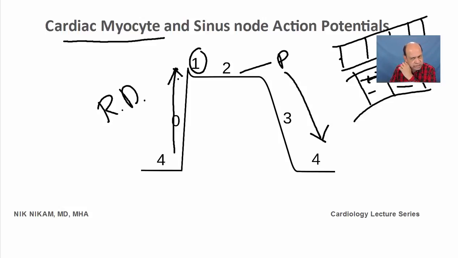So this action potential returns to phase 4, which is the baseline. This represents the depolarization of the heart muscle cell, and this is the plateau followed by repolarization, and then we have the equilibrium phase. So the next phase again begins here.